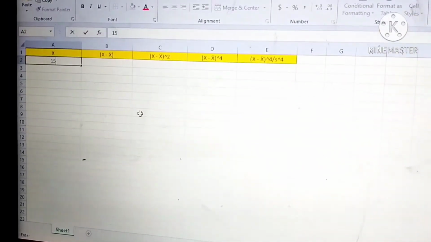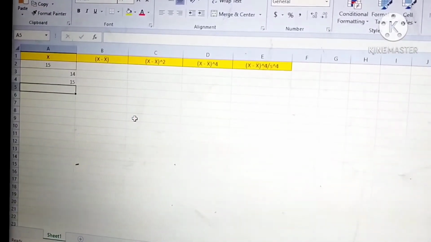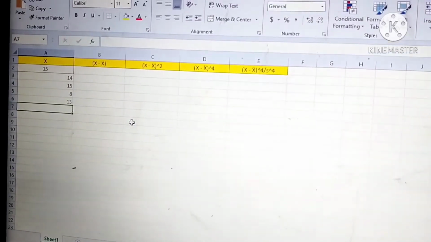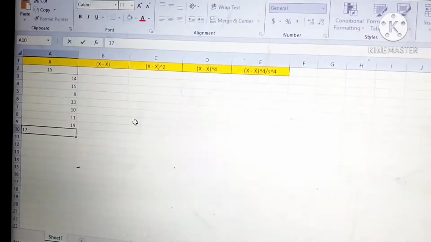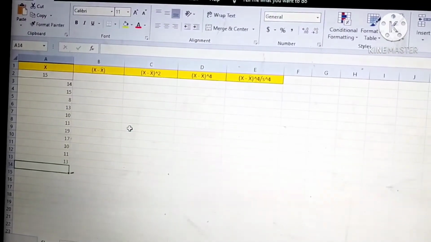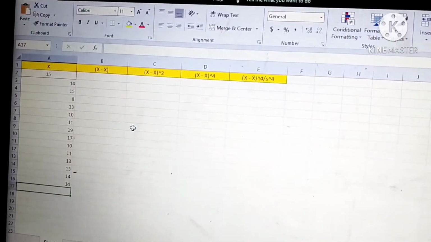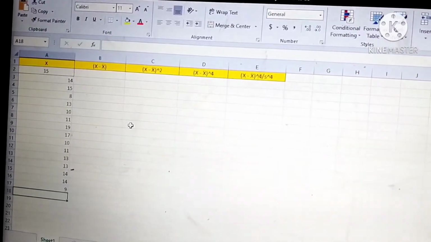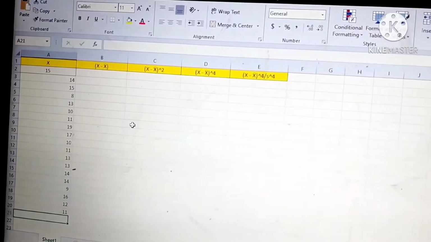For X, we have 15, 14, 15, 8, 13, 10, 11, 19, 17, 10, 11, 13, 13, 14, 14, 9, 16, 12, 11.